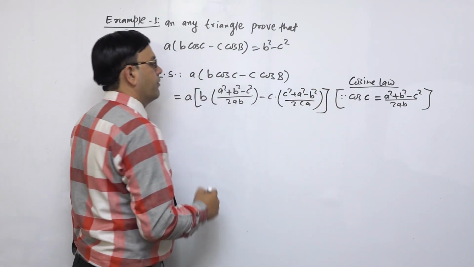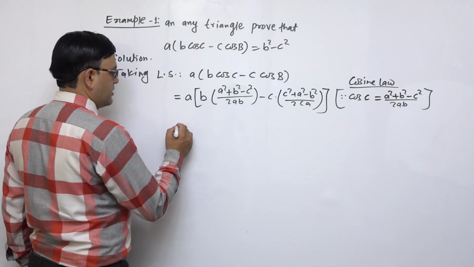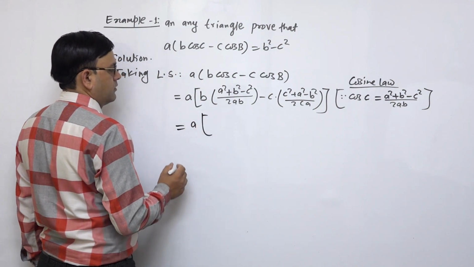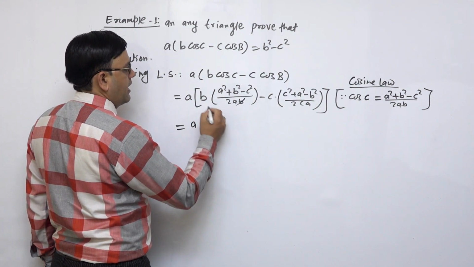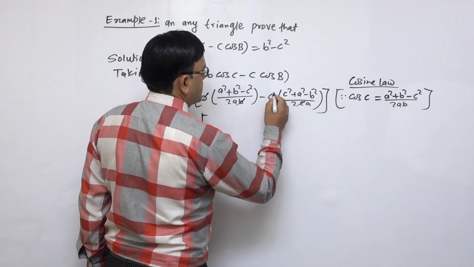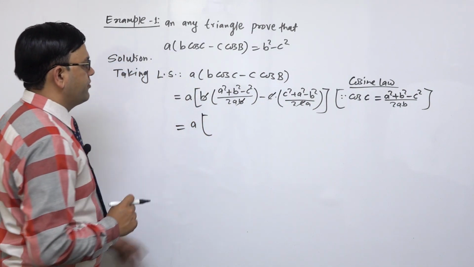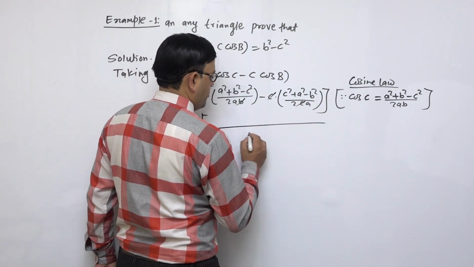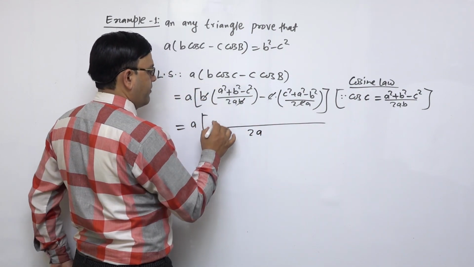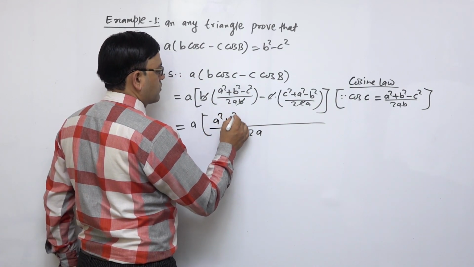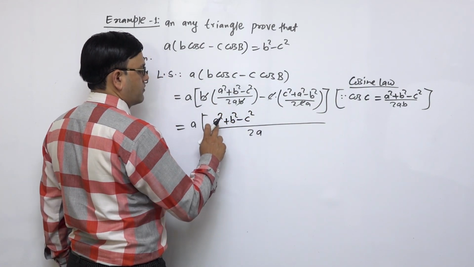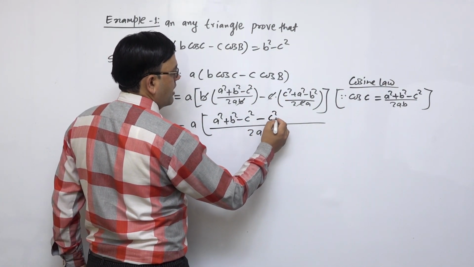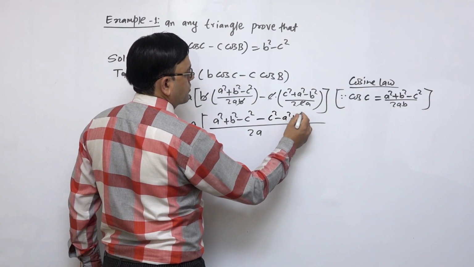So we can close this bracket now. This is equal to a times, we can cancel this b and b. Similarly, we can cancel this c and c. Here is 2a, here is also 2a. We can take the LCM, only 2a. So we have a square plus b square minus c square, minus, by opening the bracket, c square plus a square minus b square.